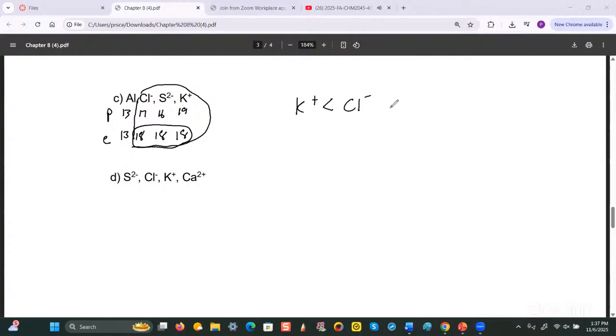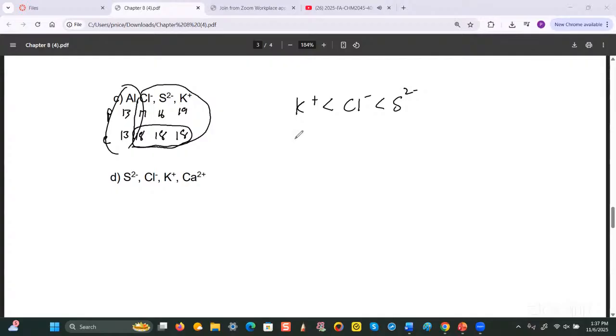And then the next one will be what? What's the next one? Sulfur. Well, sulfide to be more. Sulfide. Okay, so this begs the question, where does aluminum fall within this series?